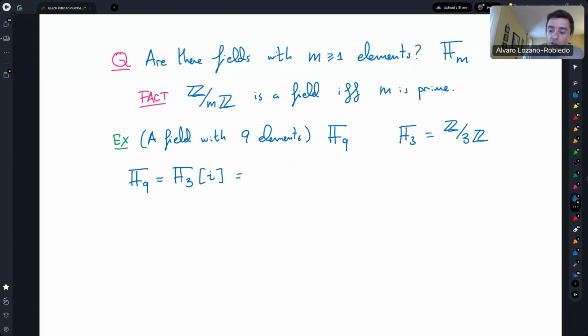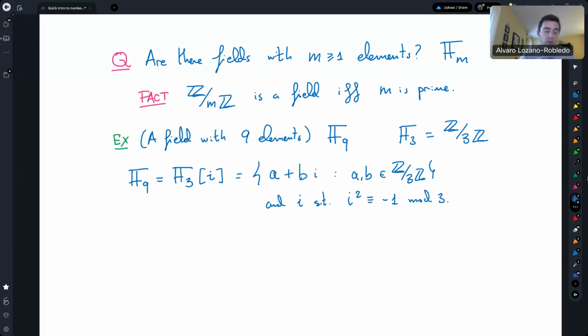So this is going to be the set of a plus bi, where a and b are elements in Z mod 3, and i is such that i squared is congruent to -1 modulo 3.